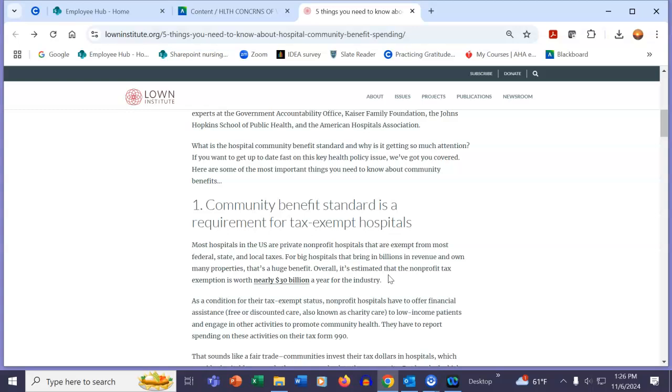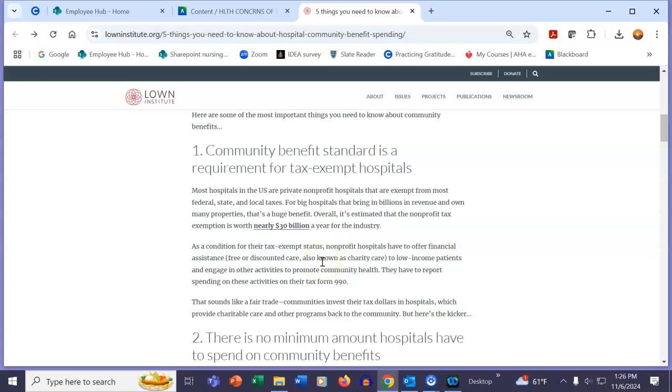So this is big. This is big for all hospitals and nonprofit hospitals. And as part of their tax-exempt status, hospitals have to offer certain financial assistance, also known as charity care, to low-income patients. And they have a form that they complete, a tax form, and you can access it online.